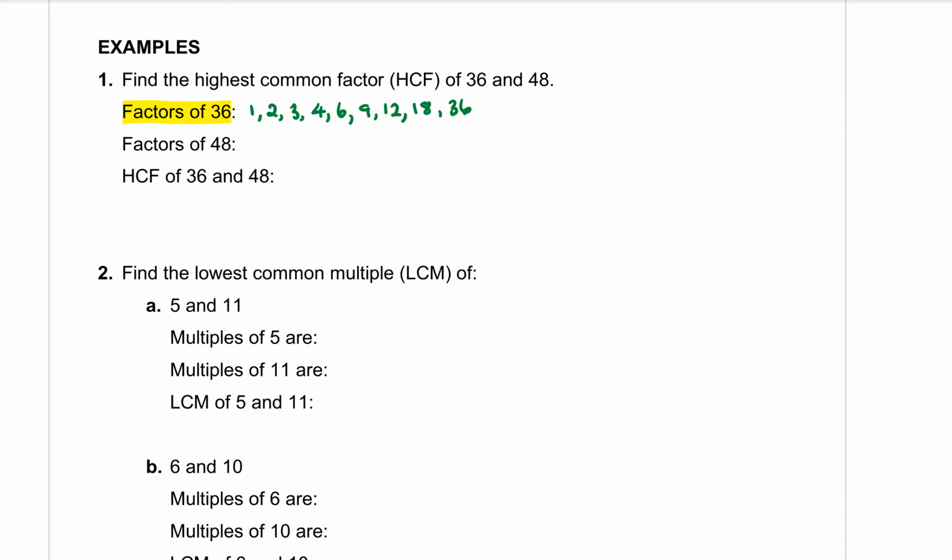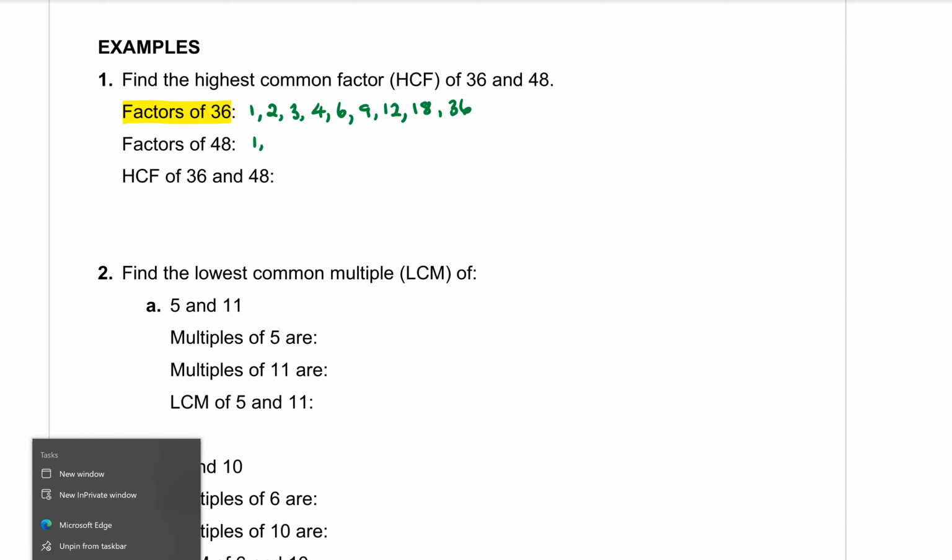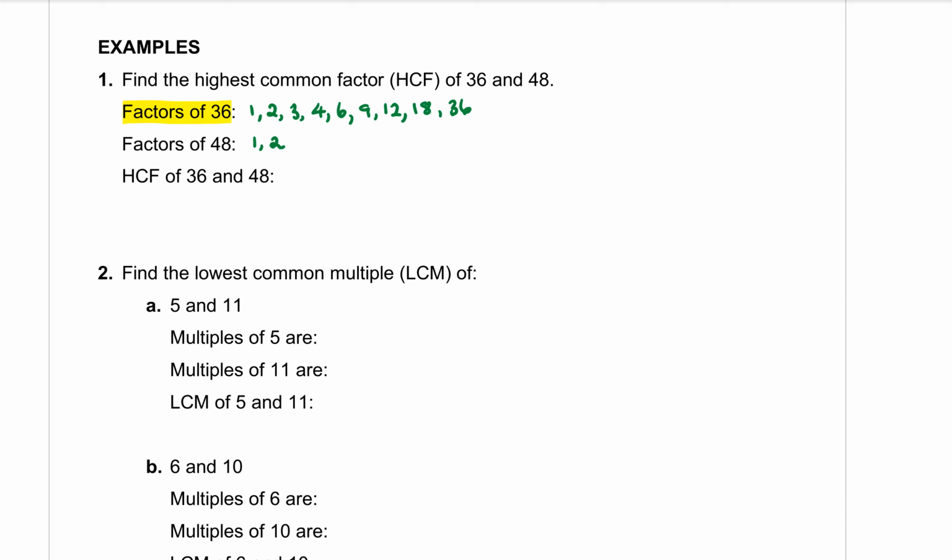Okay, now let's find all the factors of 48. So we have 1 that works, then 2, 3, 4, 5 doesn't work, 6 goes in, and 8. Now 6 8s are 48. So we found two pairs here, two numbers that go together.